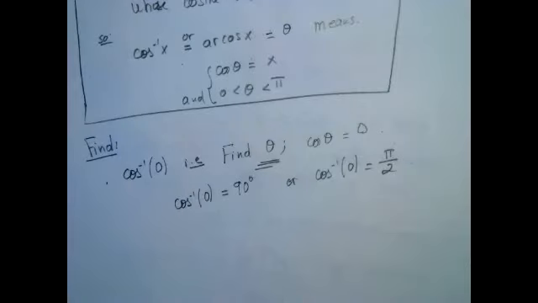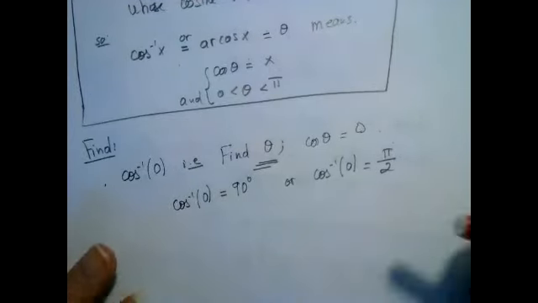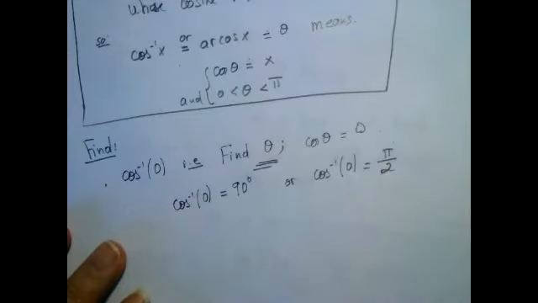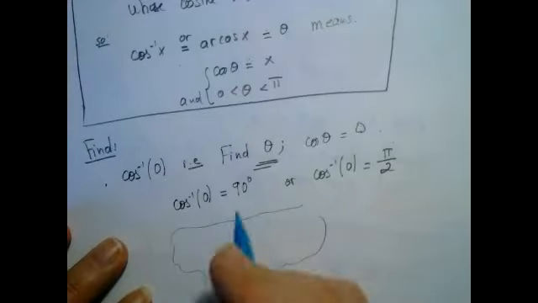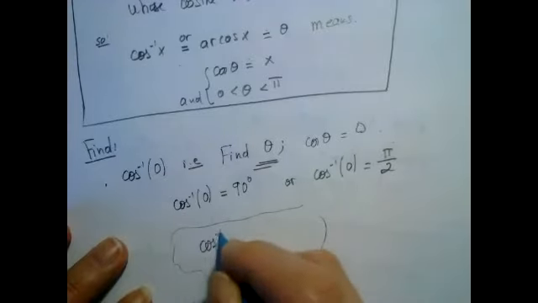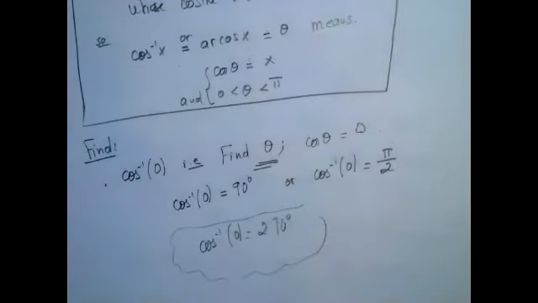Now, your classmate is telling me cosine inverse of 0 could be 70. What's the problem with that answer? Okay, I don't want you to write this. I need to write, but you don't have to. So if cosine inverse of 0 equals 70, what is the issue with that?